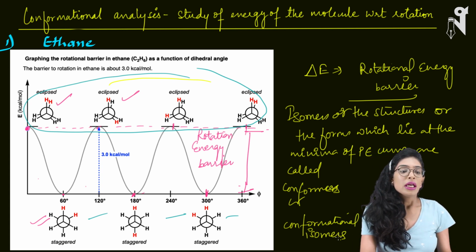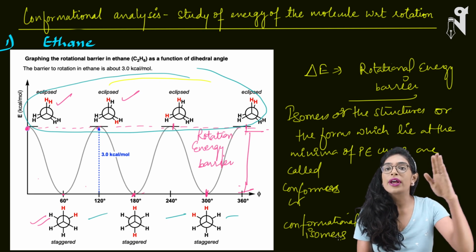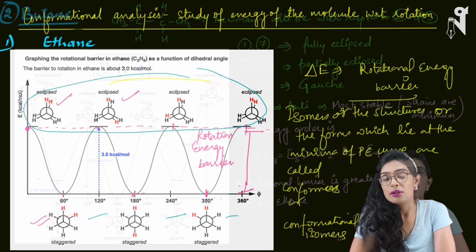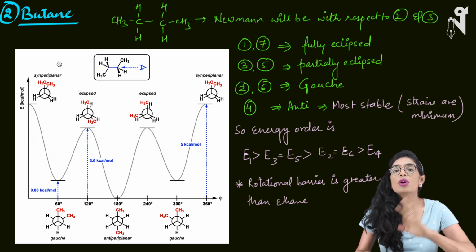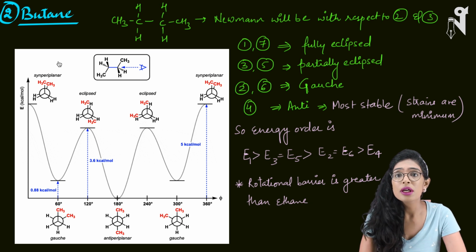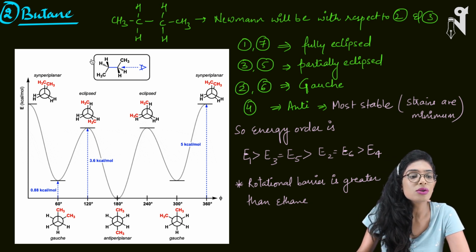Okay, now let's see exactly the same conformational analysis of energy for butane. So next we are talking about butane, and now we will understand in terms of conformations what different forms of butane can be formed. The molecular structure of butane is CH3, CH2, CH2, CH3.